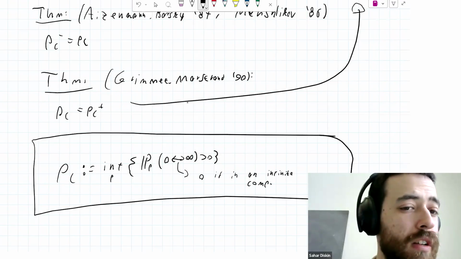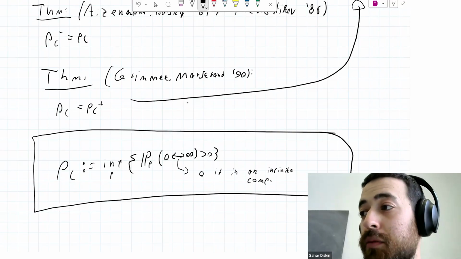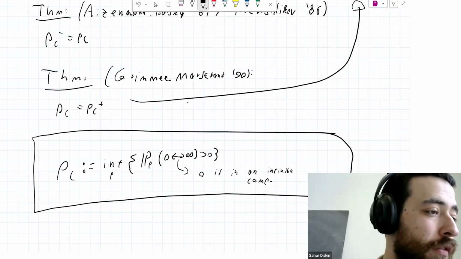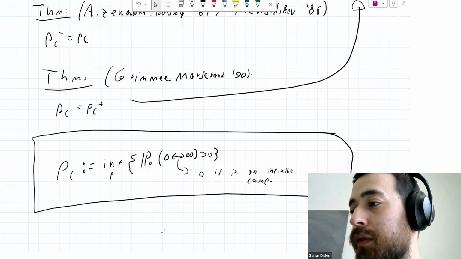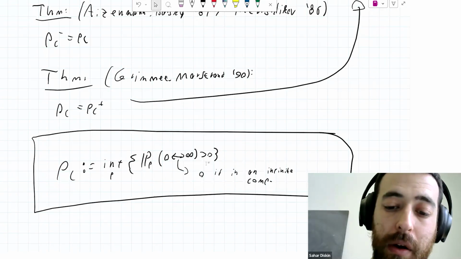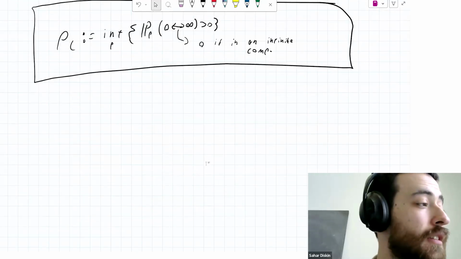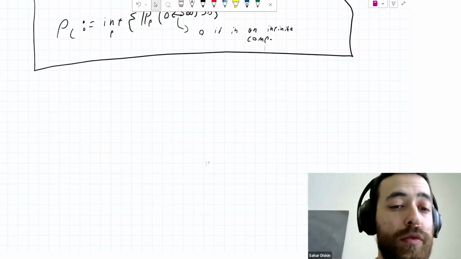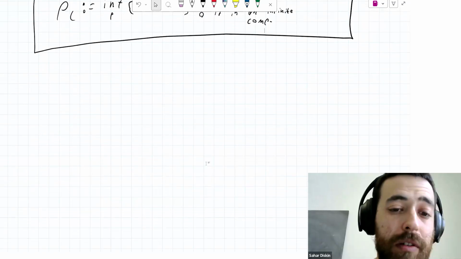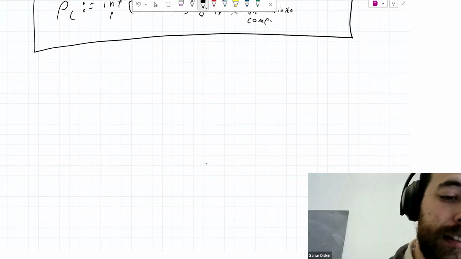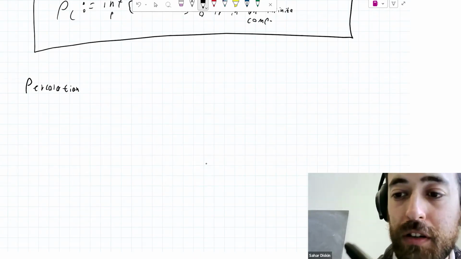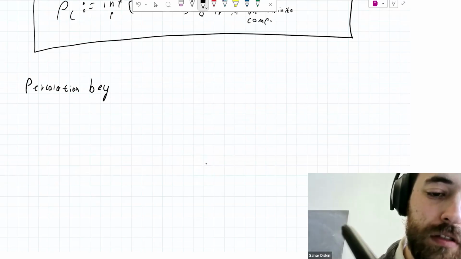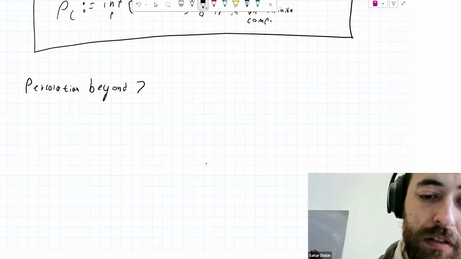Okay, so thus far we first took the view of our world, which is maybe for most of us the view of the world with complete graphs and subgraphs. Now we looked at Z^d, and let me now move to what we're actually going to talk about, and this is percolation beyond Z^d.